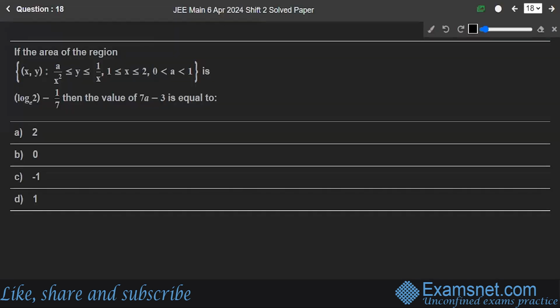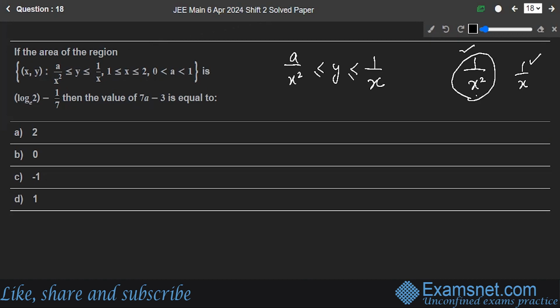Question number 18. If the area of the region given by this inequality, where x lies between 1 and 2 and a lies between 0 and 1, is this. So you have here the inequality a upon x square is less than or equal to y is less than or equal to 1 upon x, right? So here, this is much steeper than this, like this is having a higher value than this.